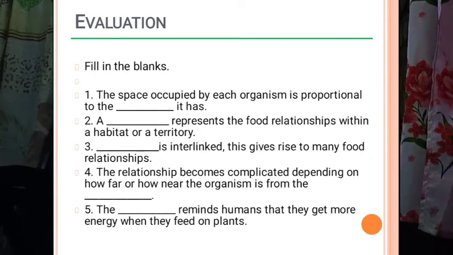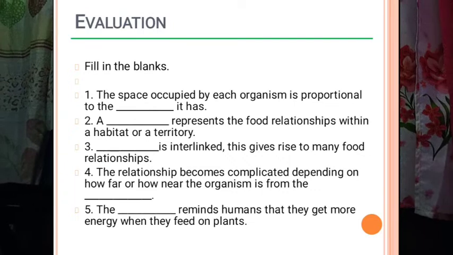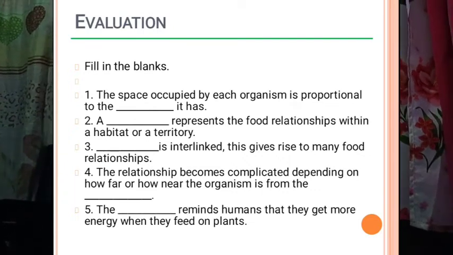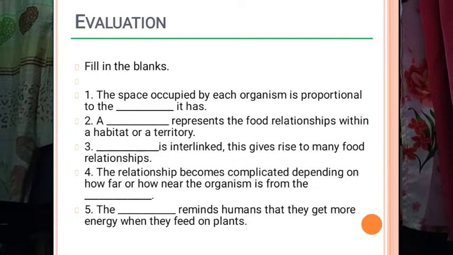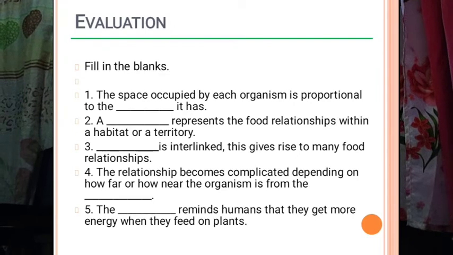For number 4, the relationship becomes complicated depending on how far or how near the organism is from the blank.